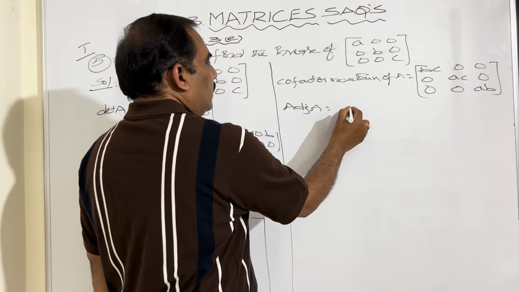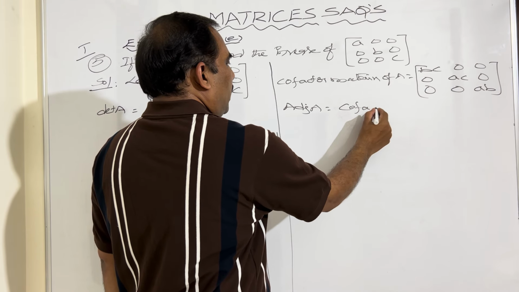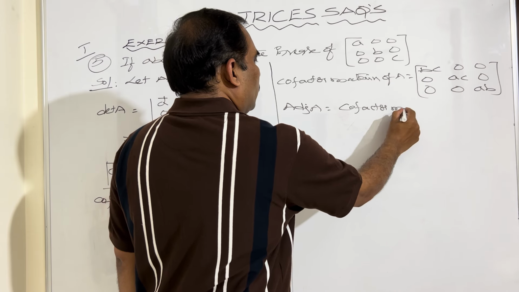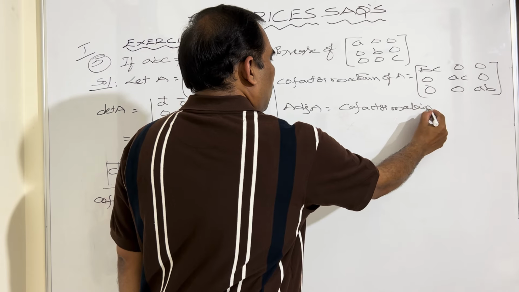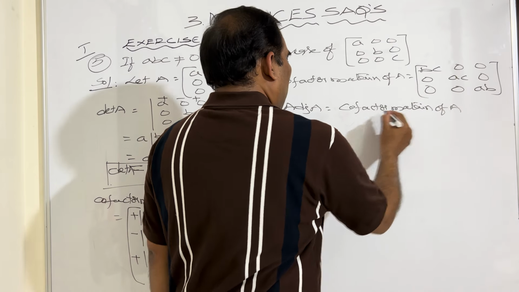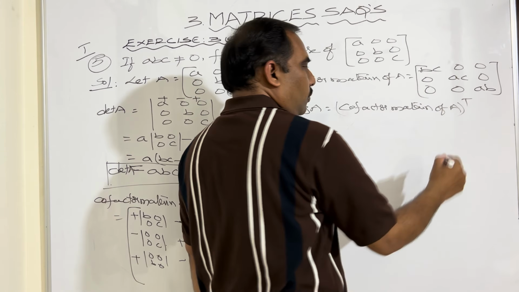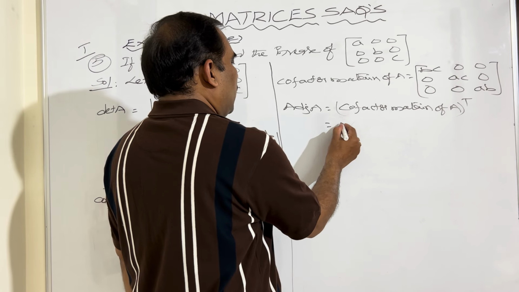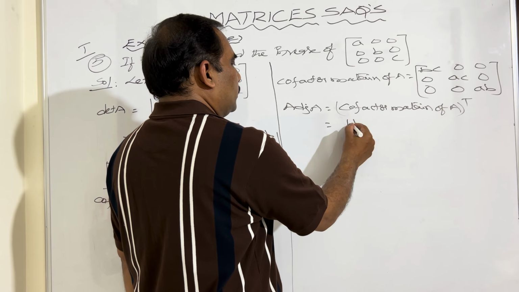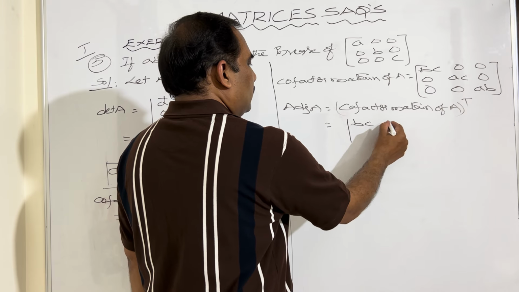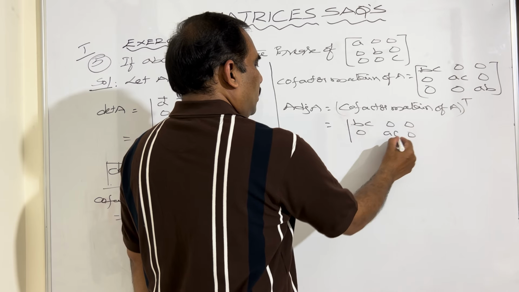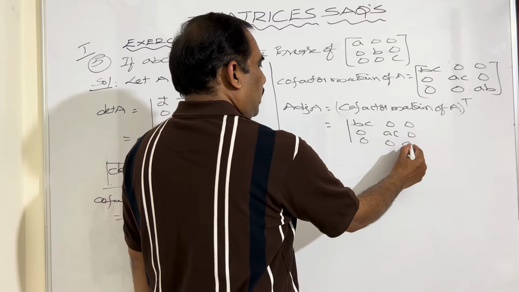Adjoint of A is equal to the transpose of the cofactor matrix of A. Transpose of the cofactor matrix of A is called the adjoint. Now we can write it as the transpose of BC 0 0, 0 AC 0, 0 0 AB.